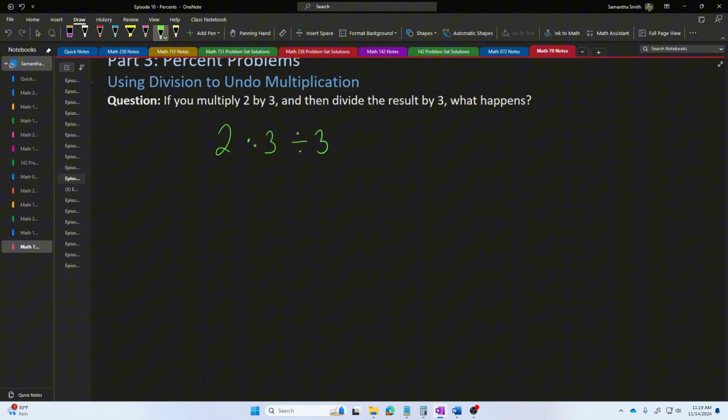Well, 2 times 3 gives me a result of 6. 6 divided by 3 gives me a result of 2. If I multiply by 3 and then divide by 3, I get back the exact same thing I started with.